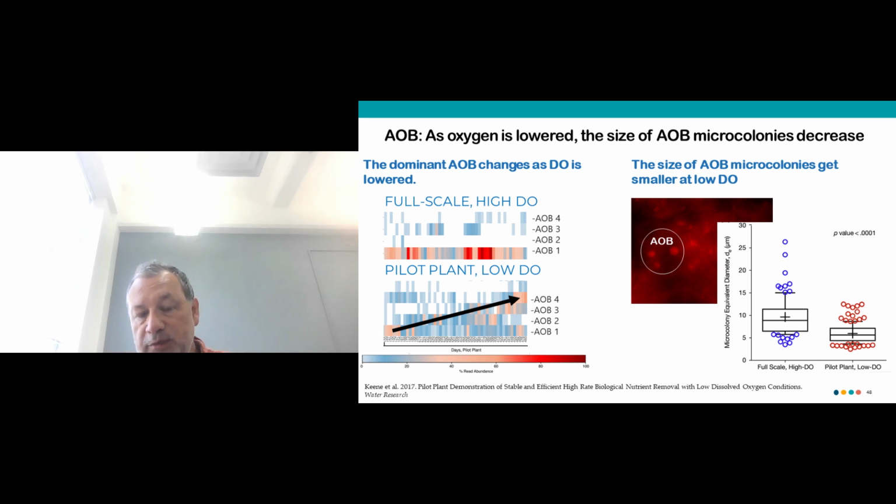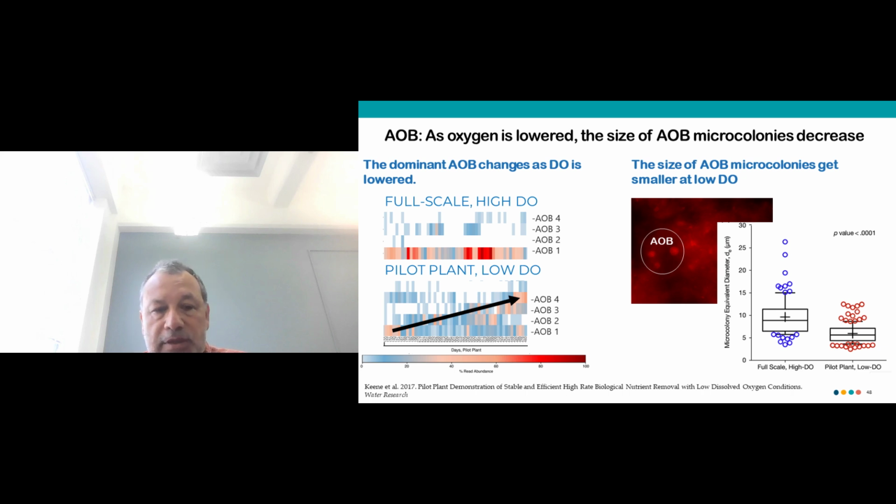And this experiment was lowering the oxygen slowly, similar to the type of experiments that Tanya showed earlier. What you see here, in terms of the 16S signatures, is a change in the group of ammonia oxidizing bacteria that were enriched in the plant.